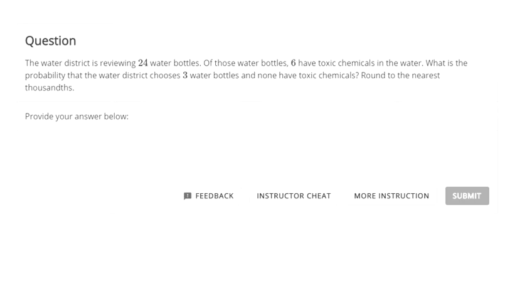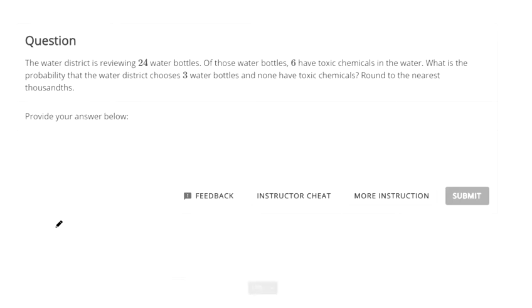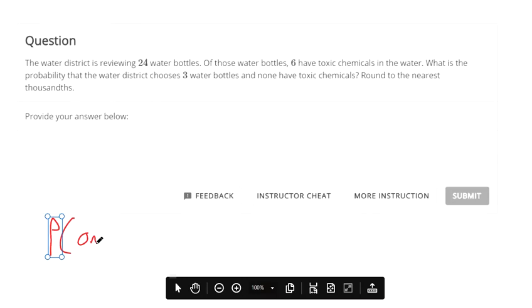So that independence rule that we looked at before applies to more than 2 events too. Let's find the probability that all 3 are non-toxic. None have toxic chemicals. So what's the probability that 1 is non-toxic?